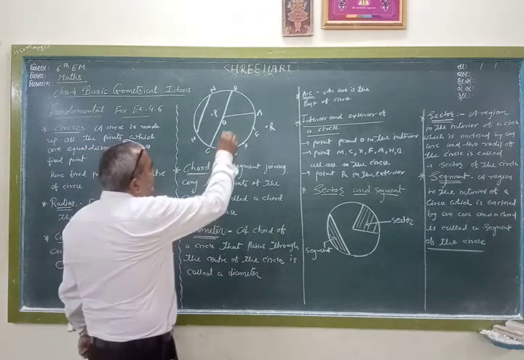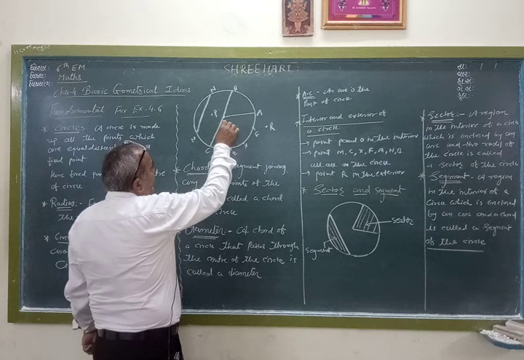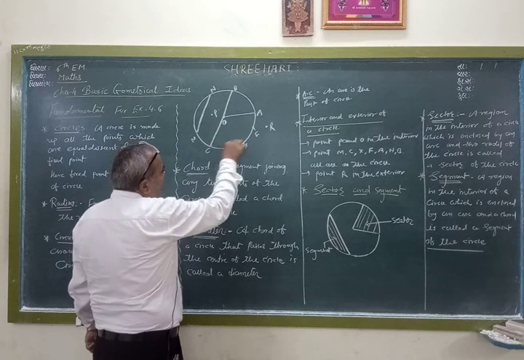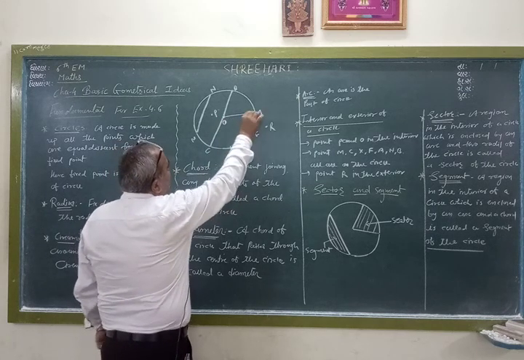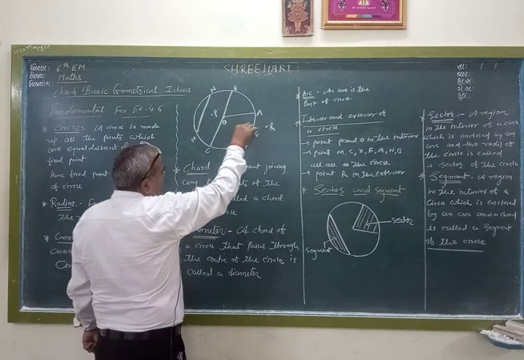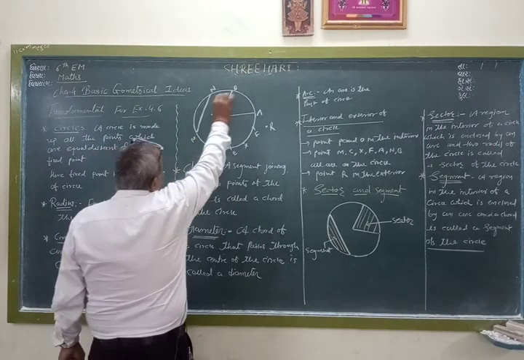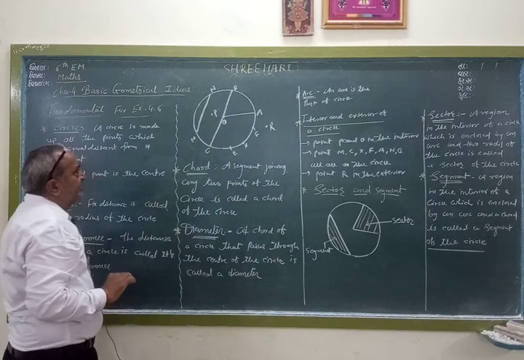Suppose here is one fixed point O, and from O, the points E, X, A, B and M are all at the same distance. If I join all these points, then it becomes a circle.